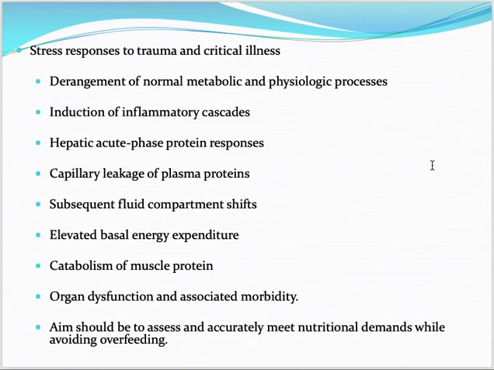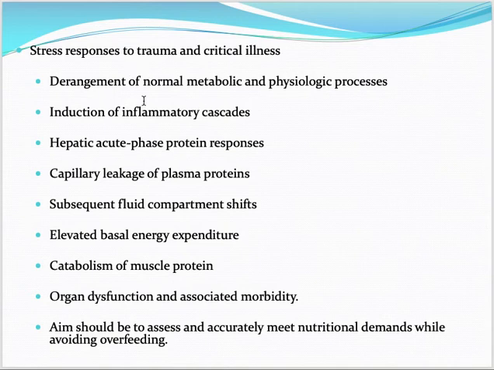As you can see over here, there are different stress responses which occur in our body as a result of trauma or critical illness. There are many. You can see over here that basically it's a hypercatabolic response, and all the organs can get affected.